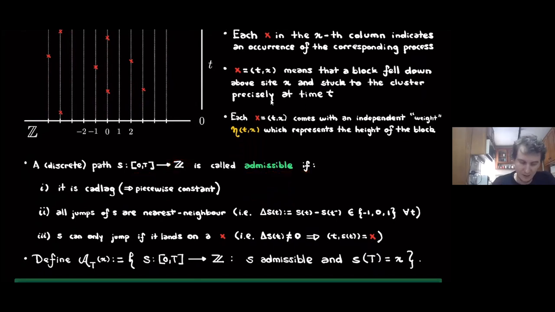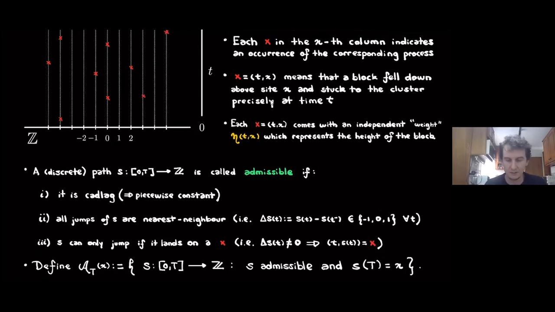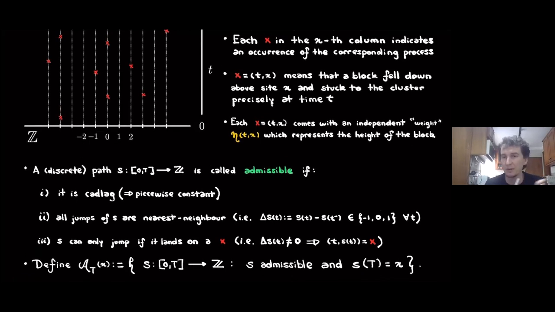So first, if it's càdlàg, which since it only takes discrete values means that it's piecewise constant. If all its jumps are nearest neighbor, okay, so if the path is at some site at a given point in time, then it can only jump to neighboring sites, and no further than that.